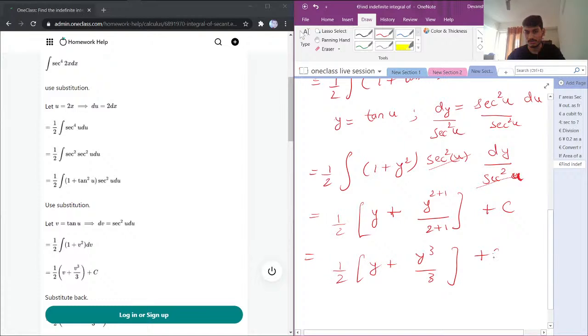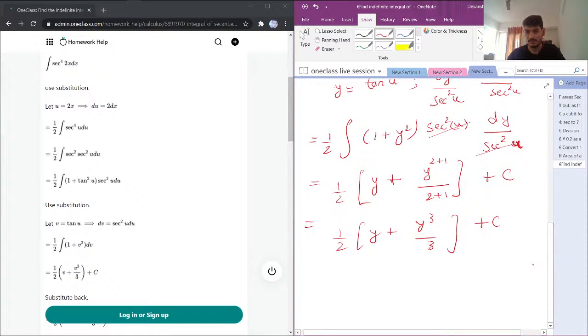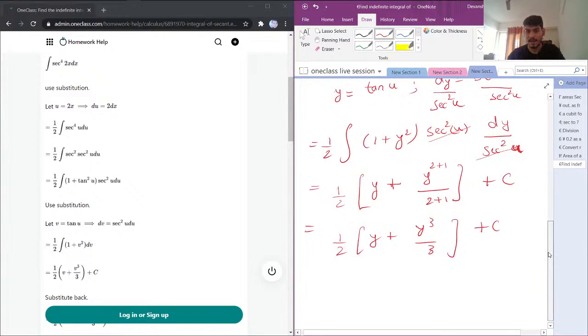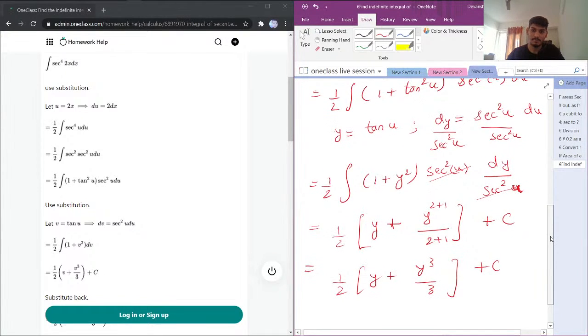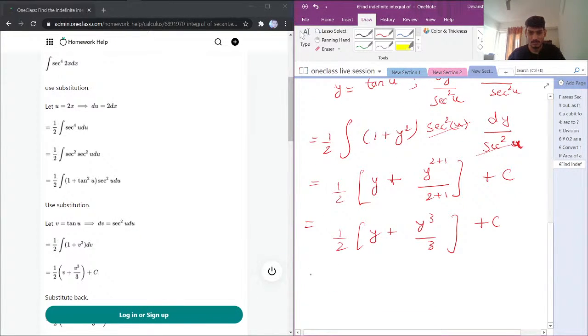Now we are just not going to stop at this step. We need to substitute back y in terms of u and then back in terms of x. So y was tangent of u, so 1 over 2 tangent of u plus tangent cube of u over 3 plus c.